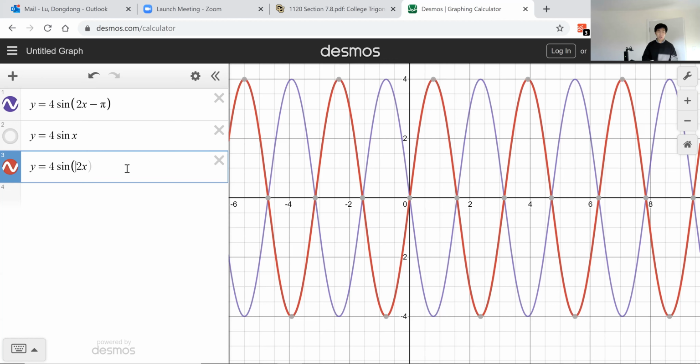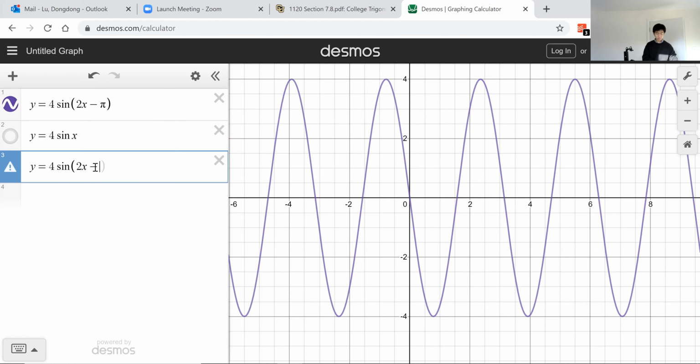We just minus pi. Wow, I cannot find the purple line. Why? This is simple, because once we minus pi, the red line covers the purple line. If we click this button to get rid of the red line, you see the purple line is here. So we completely transformed the original function into something we need, which is this one.